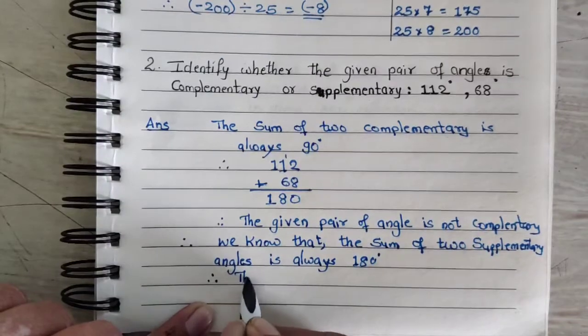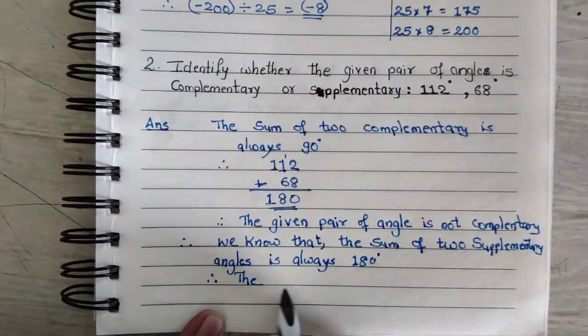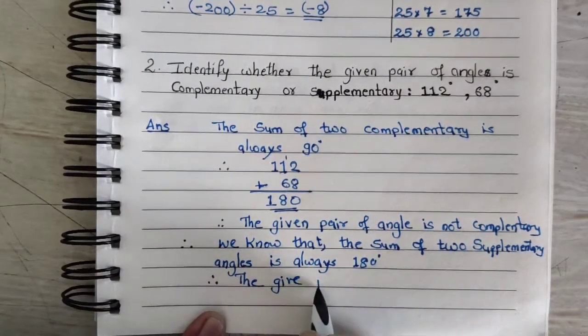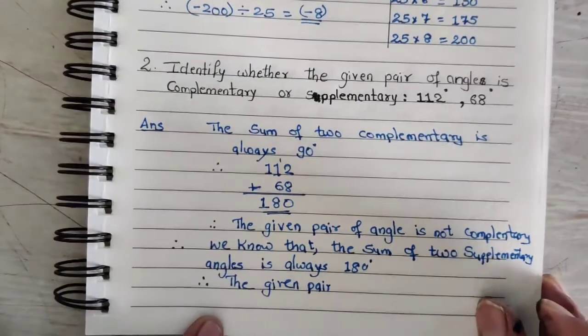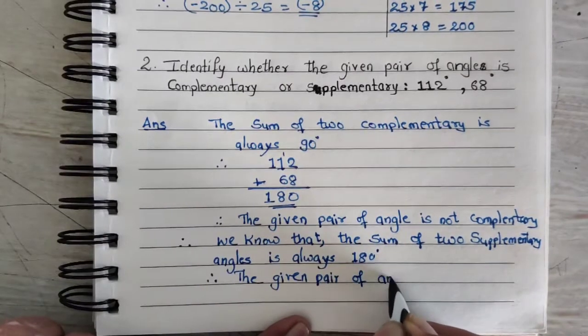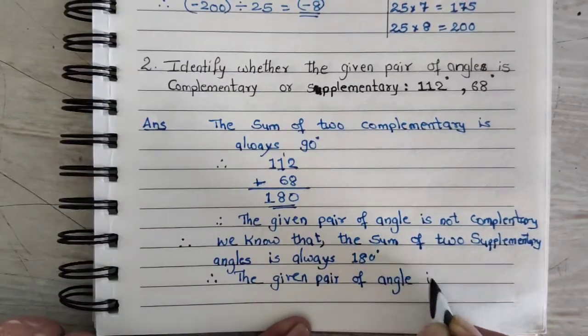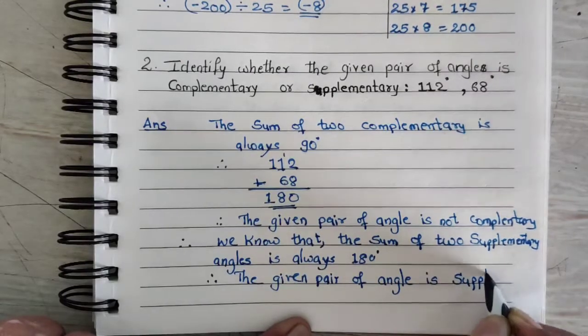Therefore, we can say that the given pair, as we have done the addition once, no need to do it once again. We can directly write the statement. Therefore, the given pair of angles is supplementary.